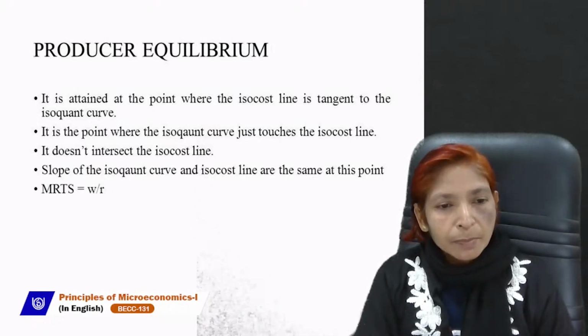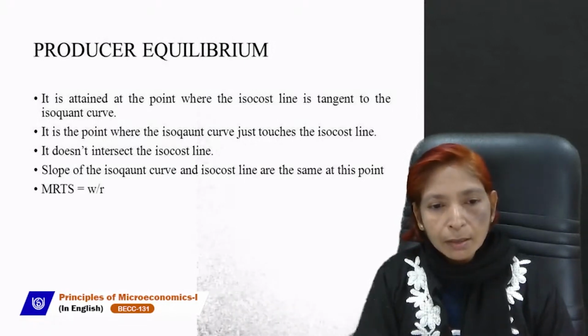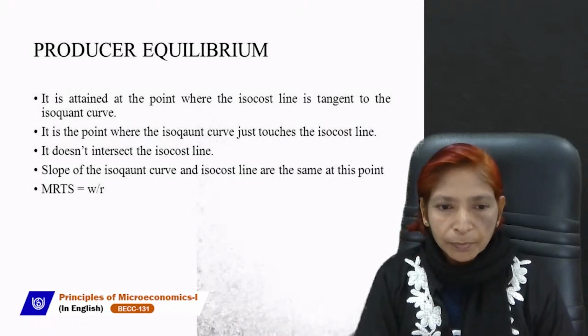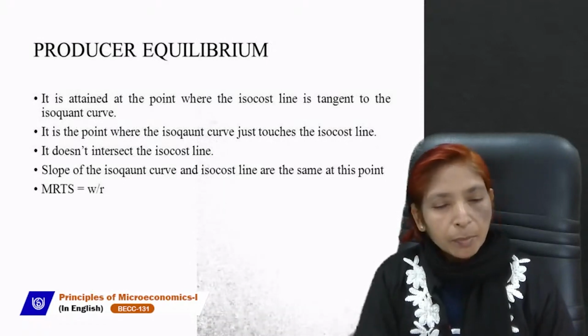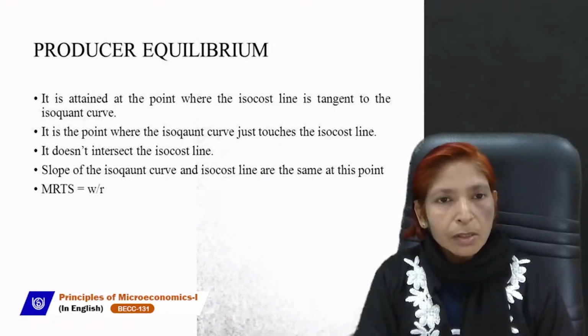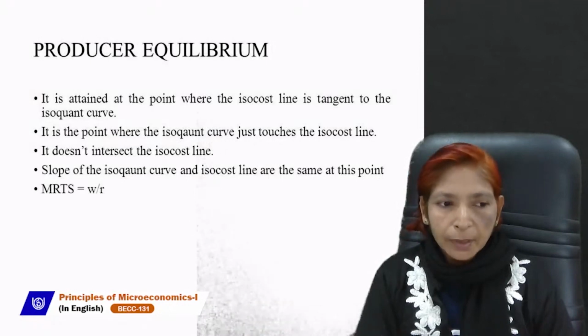The producer will always be at the equilibrium position where the isoquant curve touches the iso cost line. And at the equilibrium point, the slope of the isoquant curve and the slope of the iso cost line should be the same.